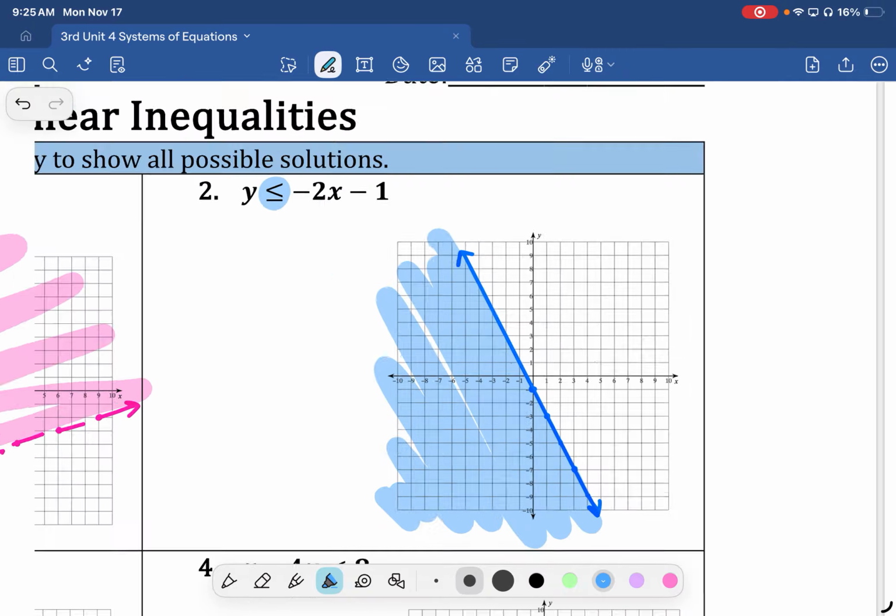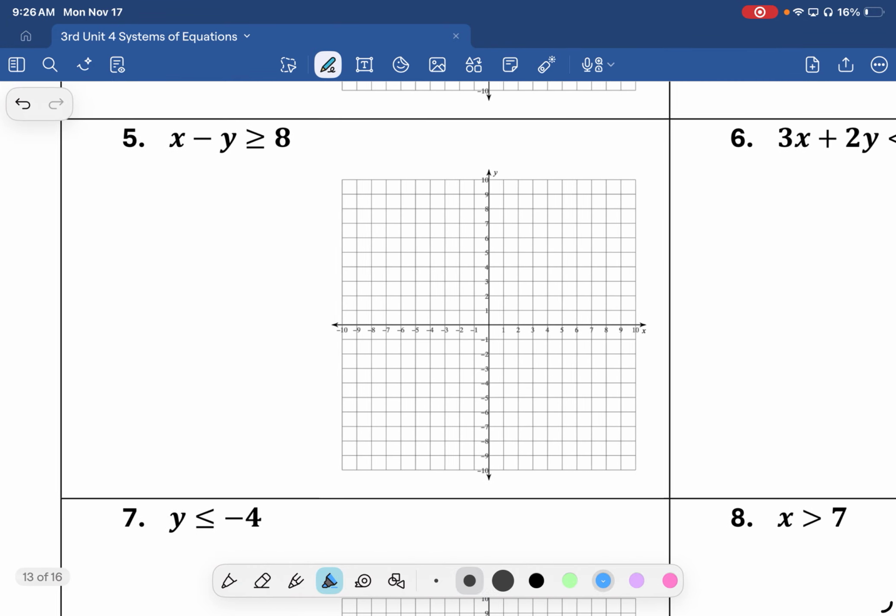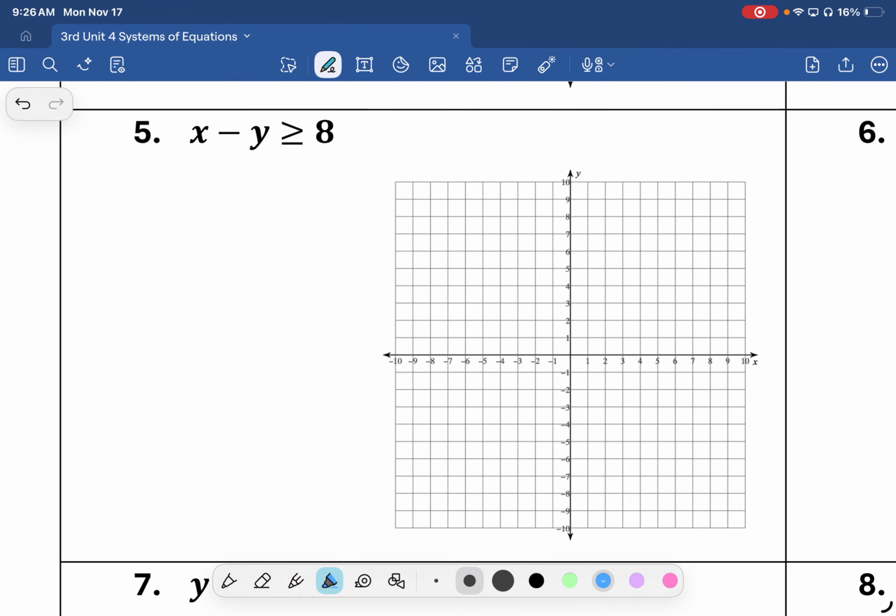Okay, and I want us to look at number 5. So is number 5 in slope-intercept form? No. So what do I need to do to put number 5 in slope-intercept form? So we have negative y is greater than or equal to negative x plus 8.